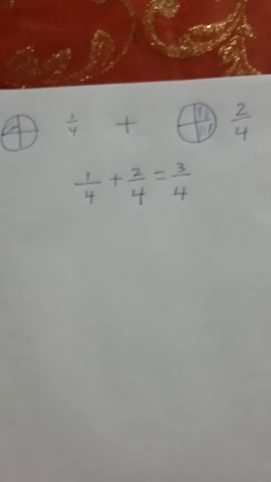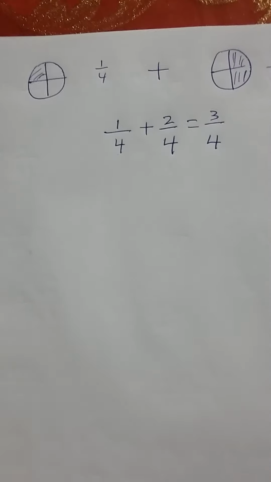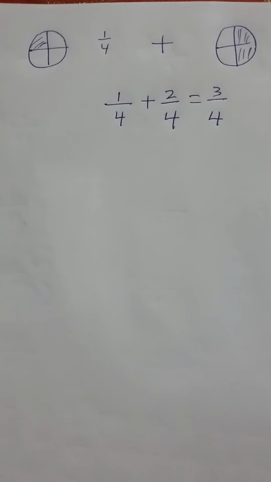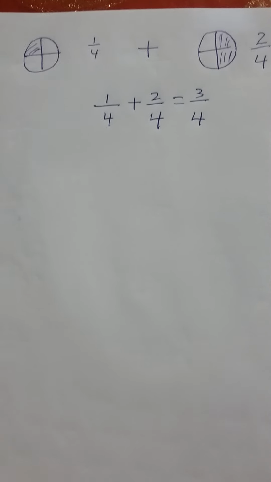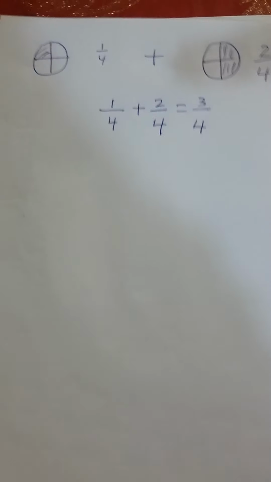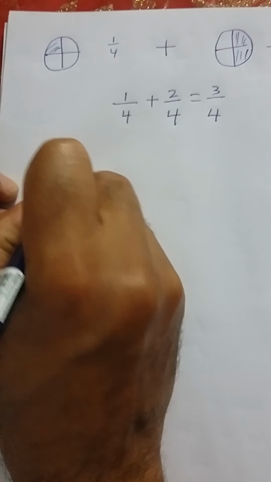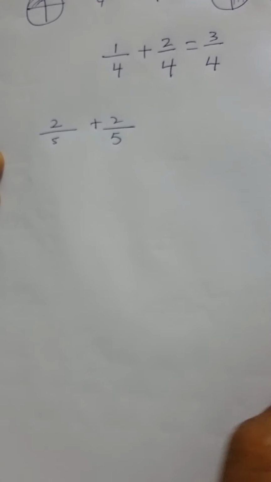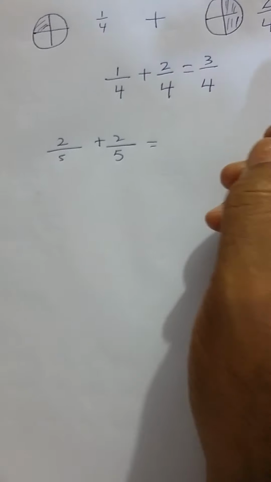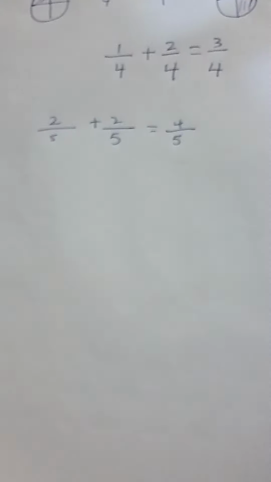And this is one thing that we must learn when we are doing mathematics. Whenever we have to add fractions or subtract fractions, the denominator must be the same. So if I ask you 2/5 add 2/5, you know the answer right away. That is kindergarten work. 2 add 2, 4, we get 4/5.